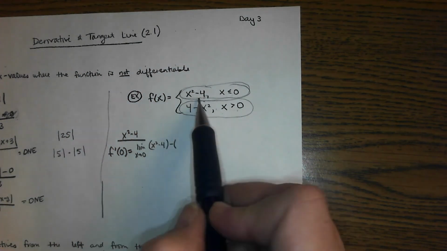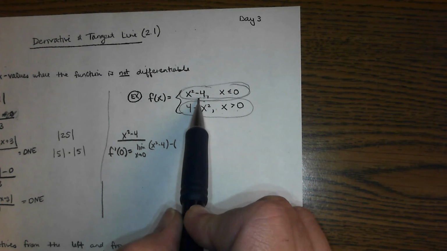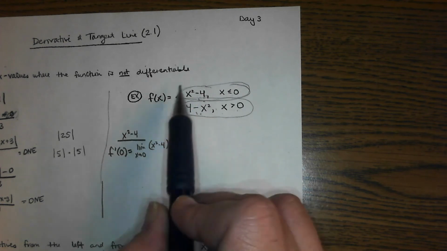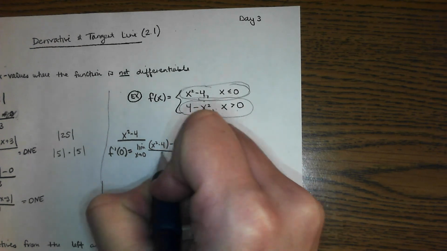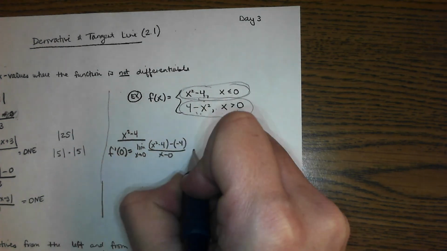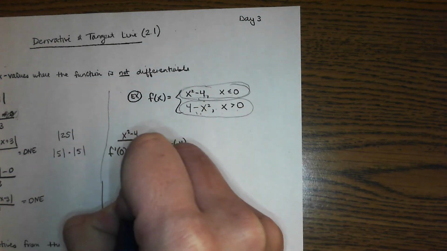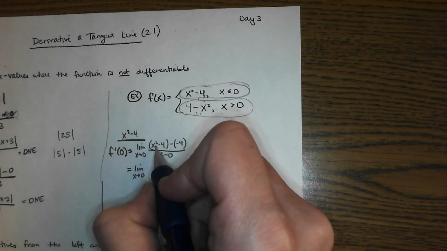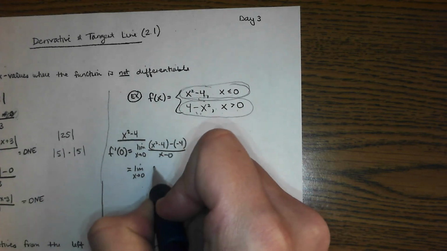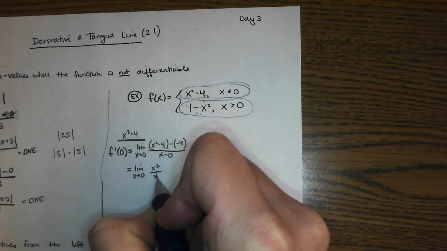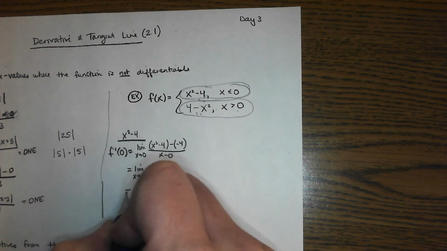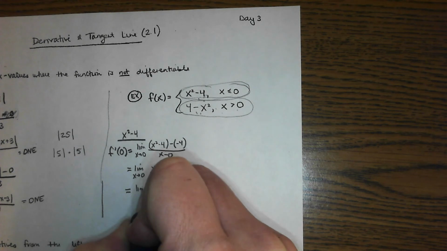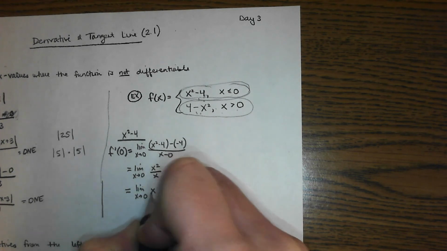In this case, if we're using the top piece, what's f of 0? Negative 4, all over x minus 0, which would give us the limit as x approaches 0 of x squared minus 4 plus 4, so that's just x squared over x. Direct evaluation is going to give us 0 over 0, but easily we can cancel an x to simplify.